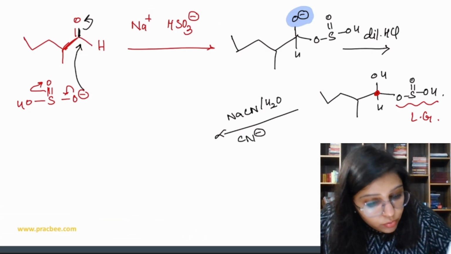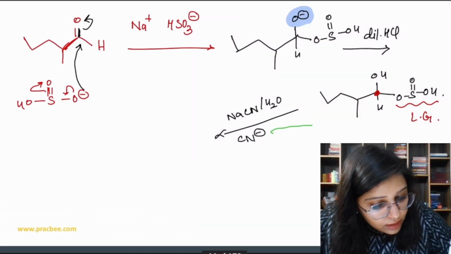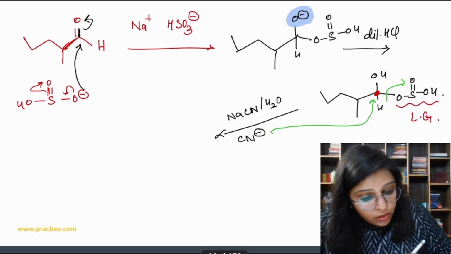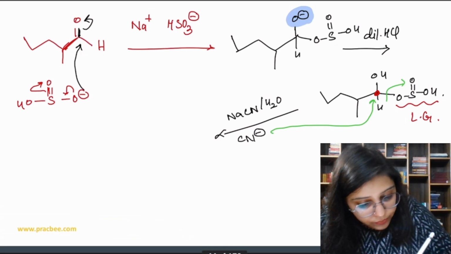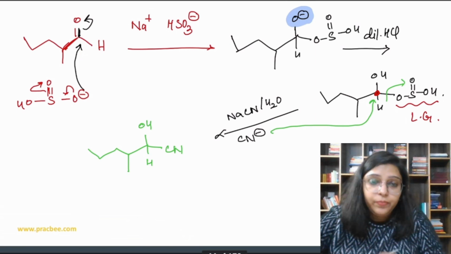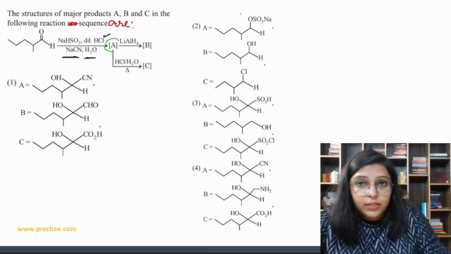So CN minus can attack this carbon and this leaves. So we get this OH, H and C. Fine. So we get A, and we have to find out A, B and C.